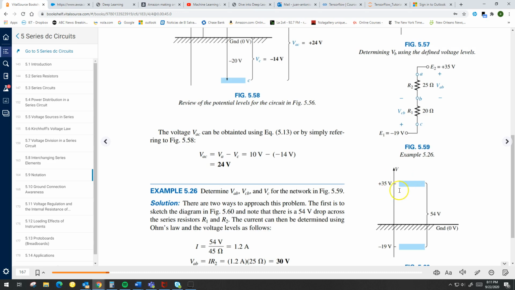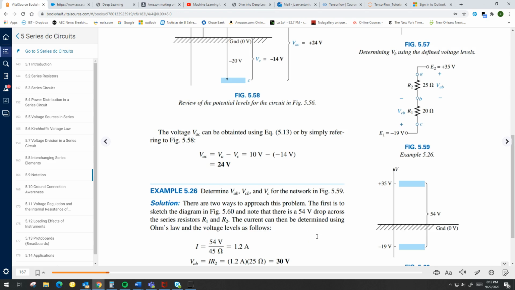So that means that we drop from 35 down to minus 19, a total distance, if you will, of 54 volts. You notice that, right? Because you've got to go down to 0 and down into the negative realm to minus 19. So the total difference from 35 to minus 19 is 54 volts. And ground is somewhere there, right?